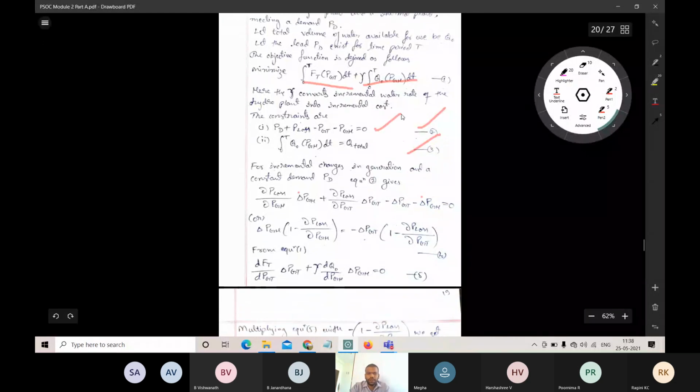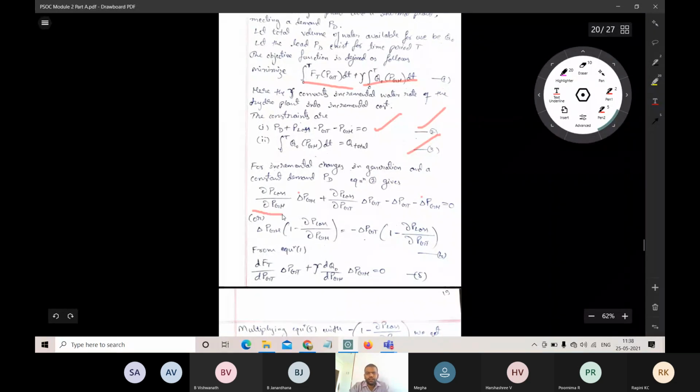In this equation, we are substituting our incremental changes equation. The incremental changes are dou P loss by dou PGH times delta PGH, plus dou P loss by dou PGT. This is the nomenclature.